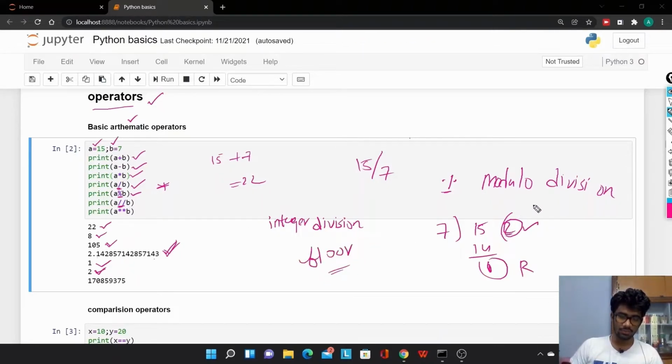Why is it called floor division? This is called floor division because when you try to observe, the actual quotient would be 2.14 and so on. So this is the actual quotient value when you try to divide 15 by 7. But if you assume that the next value that is coming after 2 is 3, and the value below 2.14 is 2, the upper one is called the ceil, because in a house, the top part is called the ceiling of the house and the bottom part is called the floor of the house.